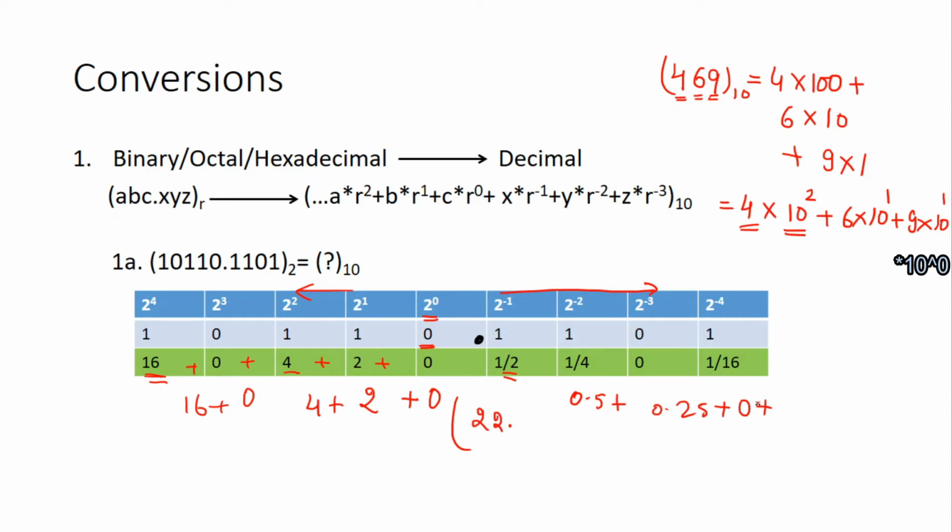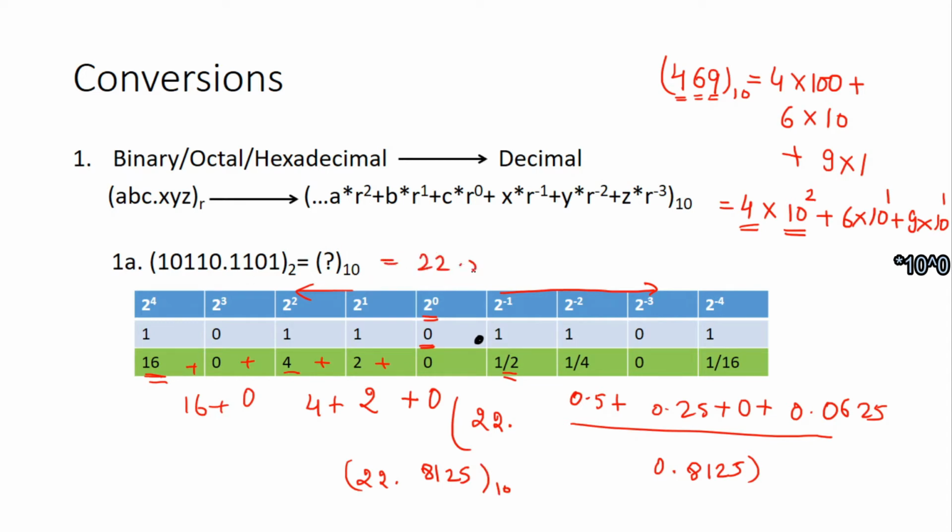So 1 divided by 16 is nothing but 0.0625. Now adding all these values, we'll get 0.8125, and this was 22, so the whole number is 22.8125 in decimal. I hope you understand it. So this number is 22.8125 in decimal.